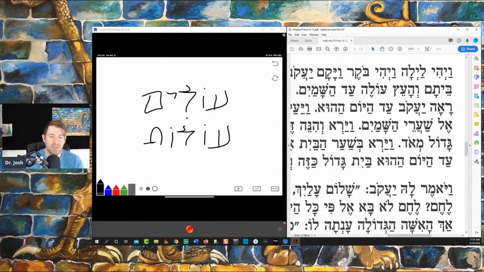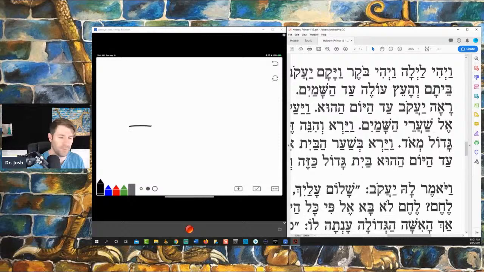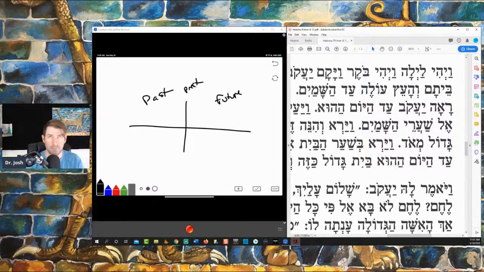But participles are interesting because if you think about past, present, and future, perfect verbs can be different things, but they're generally just past tense verbs. Imperfect or future verbs could be a point in time in the past, a point in time in the future.